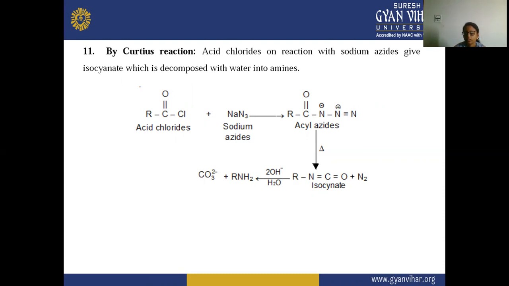After that, the acid chloride is converted into the acyl azide, and this acyl azide is heated. This acyl azide is heated, and there is the formation of the isocyanate. So this isocyanate is formed here.